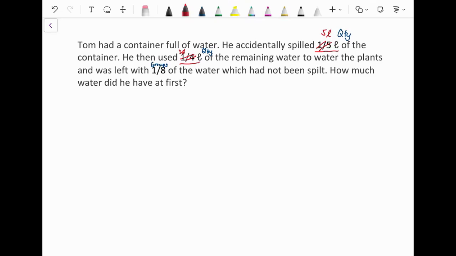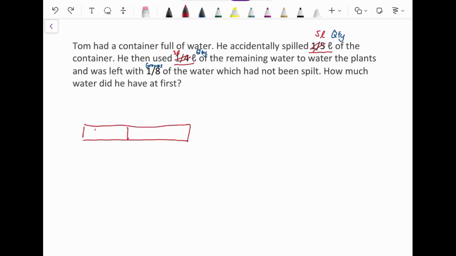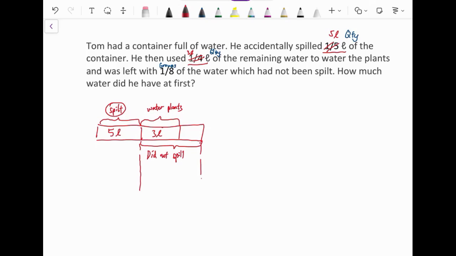Again, I'll solve this using the model method, although you can also represent the information using branching. Tom accidentally spilled 5 liters and then used 3 liters. He was then left with 1/8 of the water which he did not spill. So since he spilled 5 liters, then this part of the model represents what he did not spill. He was left with 1/8 of this.